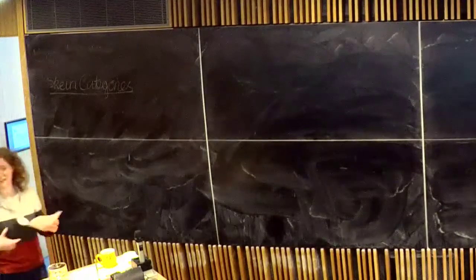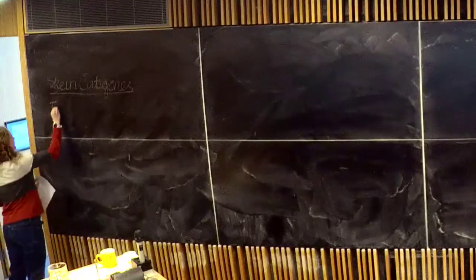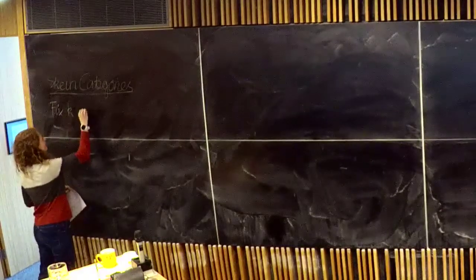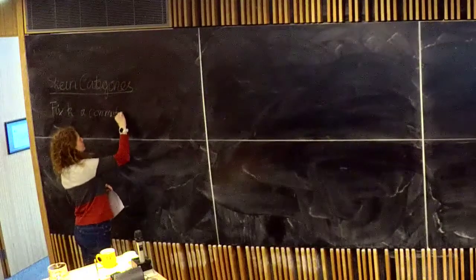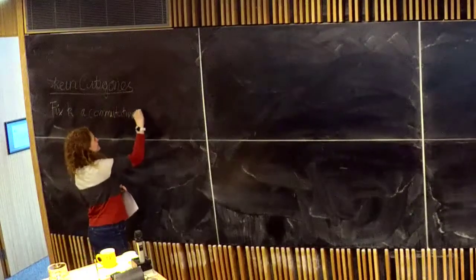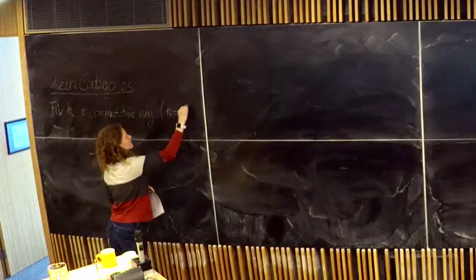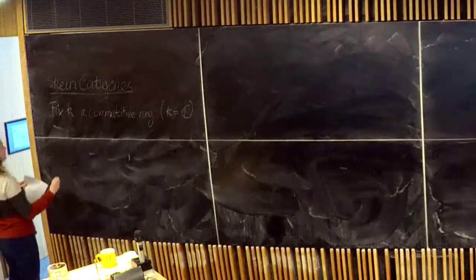Before we start, we should fix a few things. Let K be a commutative ring, and to be honest, in my head I'm really just thinking it's C. But most of this stuff, until I start talking about representations, works for commutative rings with units, so that's fine.